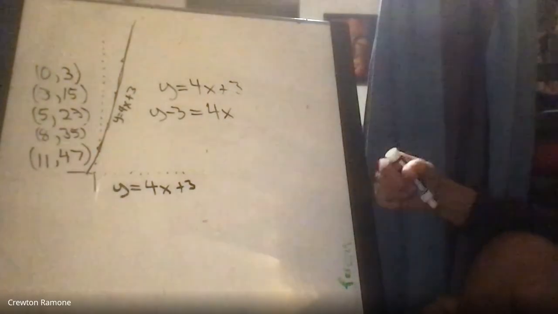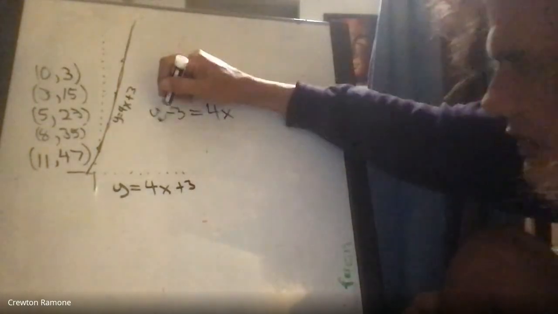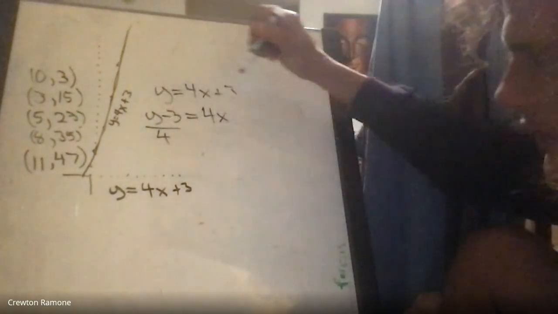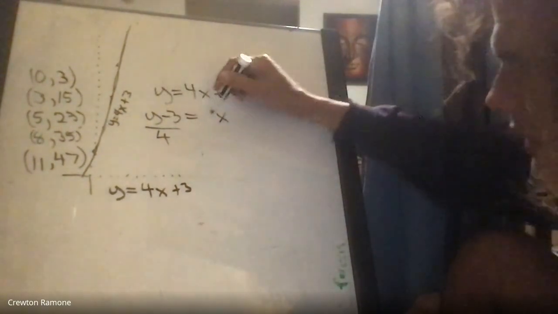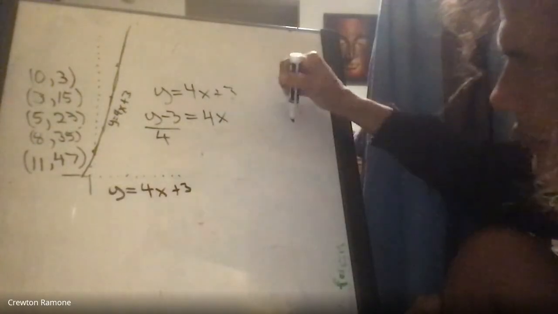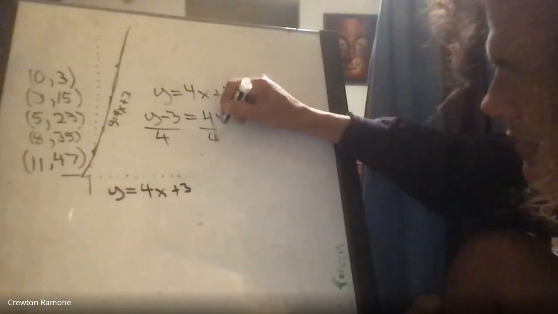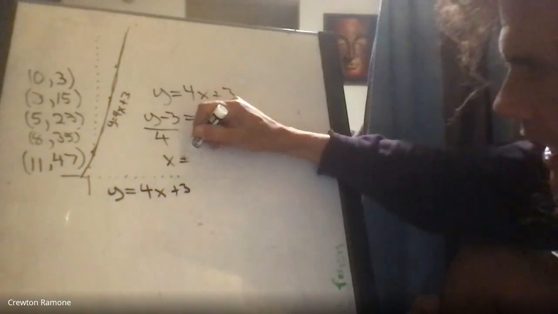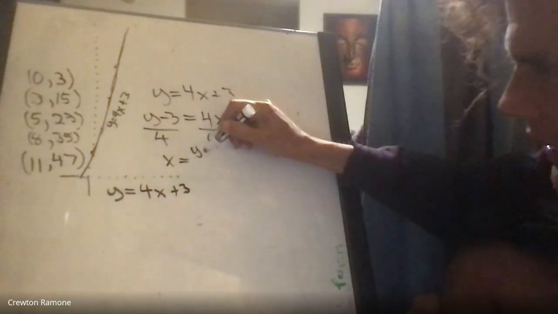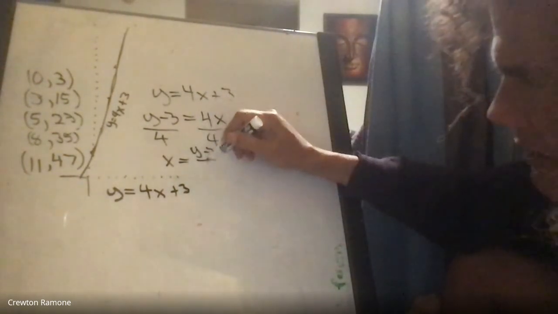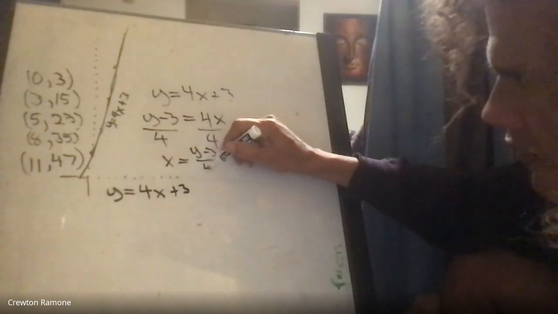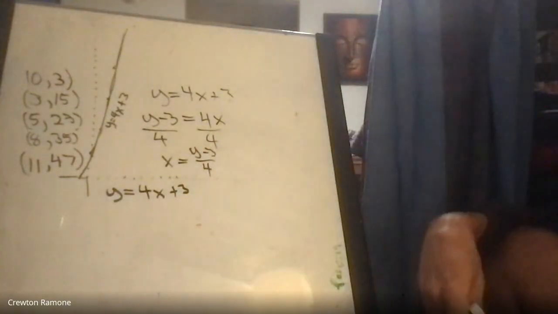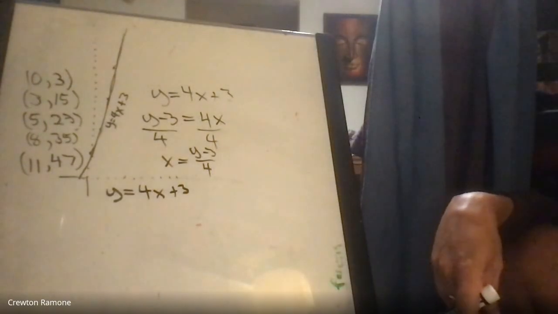Okay, and then I got to take y minus 3 and I got to divide it by 4. And that will give me x. Oops, I should do it in 2 stages. Boom. All right. And then it tells me that x is the same thing as y minus 3 divided by 4. Right? Yes.